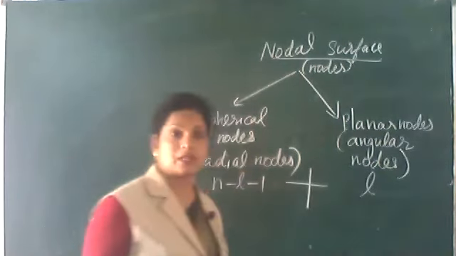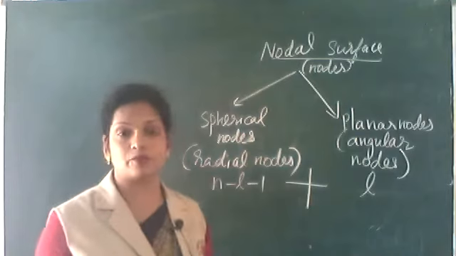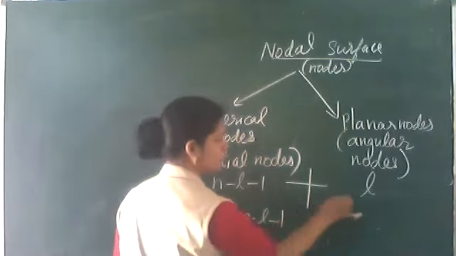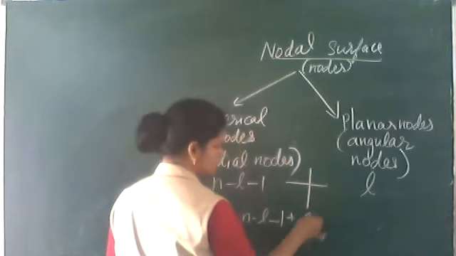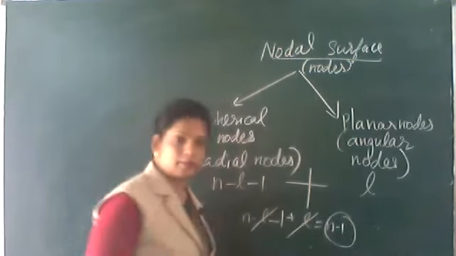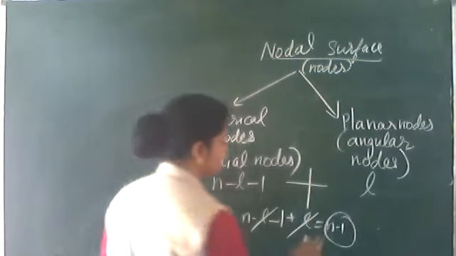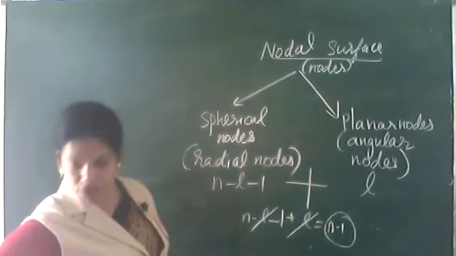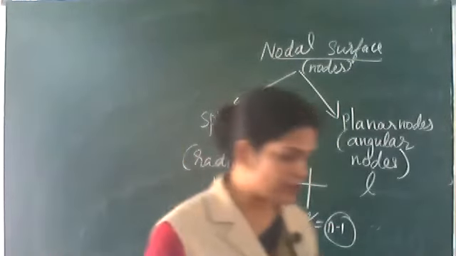Total number of nodes is n minus l minus 1 plus l, which is equal to n minus 1.